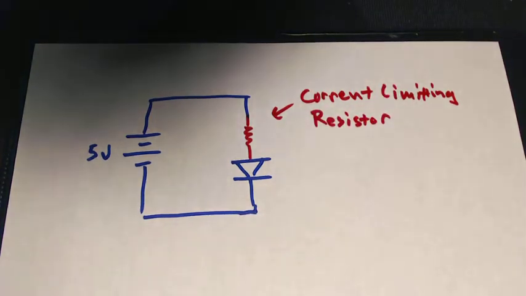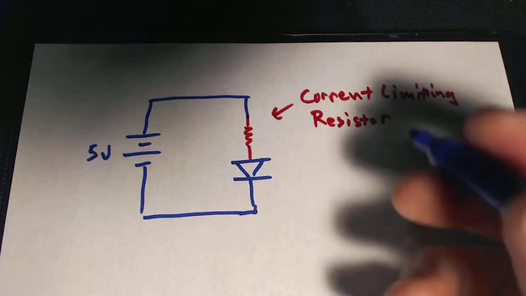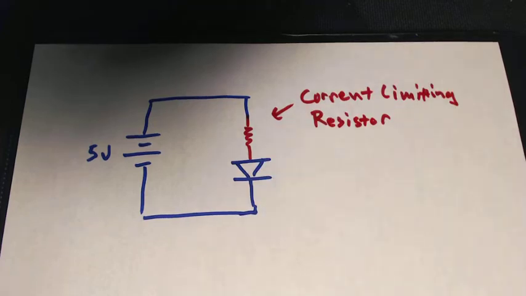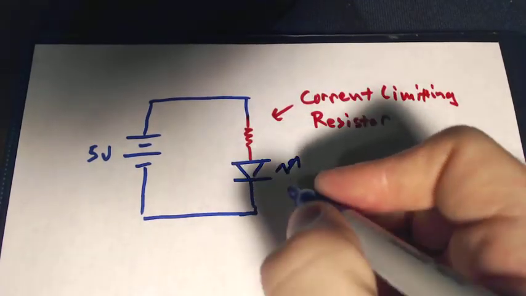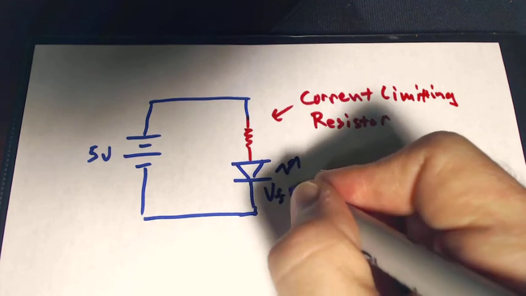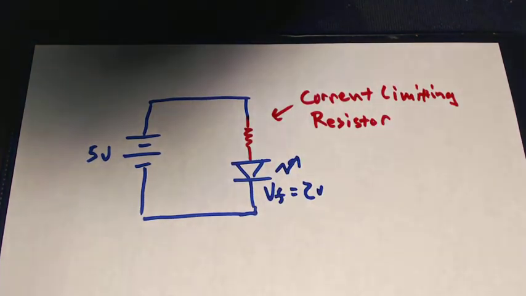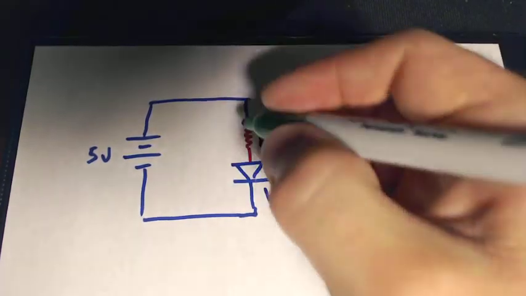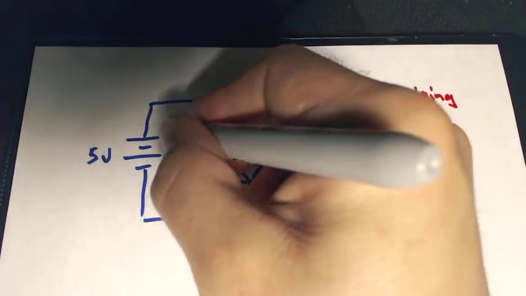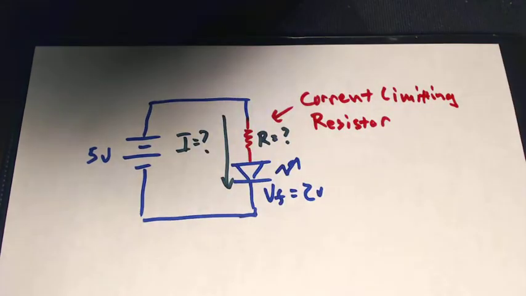But we do still have some questions here. Let's see what some questions are. We're going to still work off of an LED that has a V sub F equal to 2 volts. We'll use that for our example. But how do we pick this resistor value? What's R equal to? How much current is going through this? We need to answer those questions.